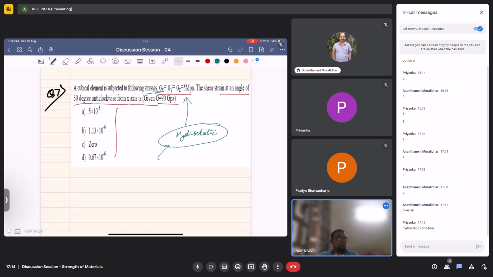If you draw the Mohr circle, taking any two planes, it will always give me a point at 5 comma 0. Now resolving at any angle, this would still be a point, right? So the shear strain should be 0. Okay.